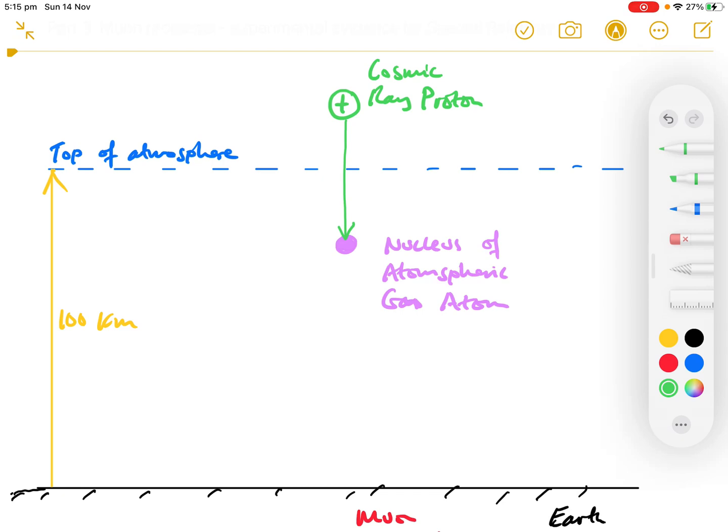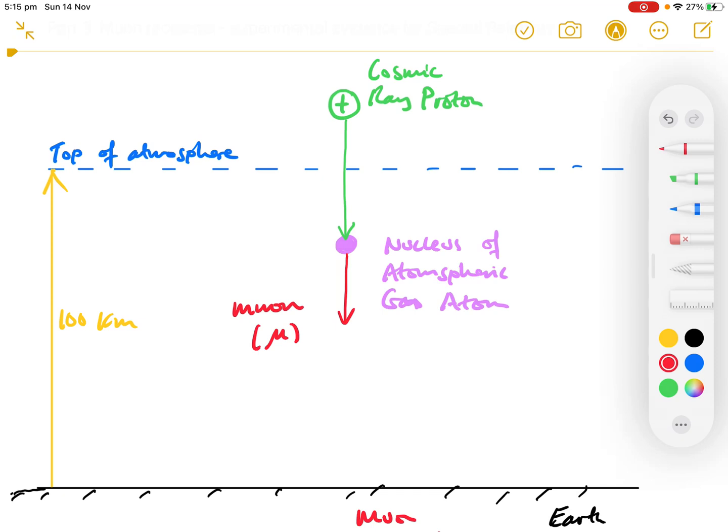So there's a collision, an interaction between the proton and the gas nucleus, and a spray of particles comes off. One of the particles that comes off is a muon. There's the muon.